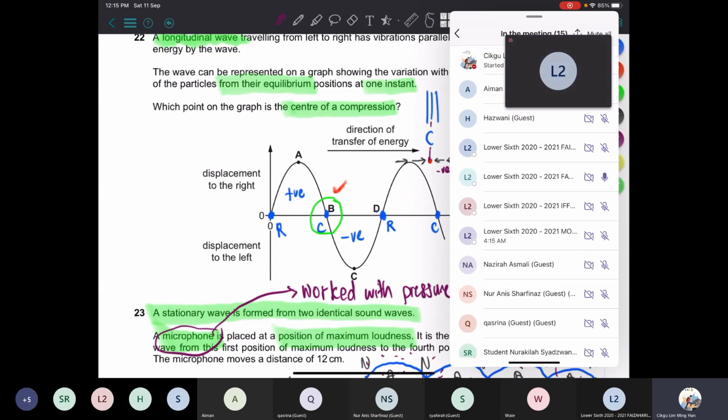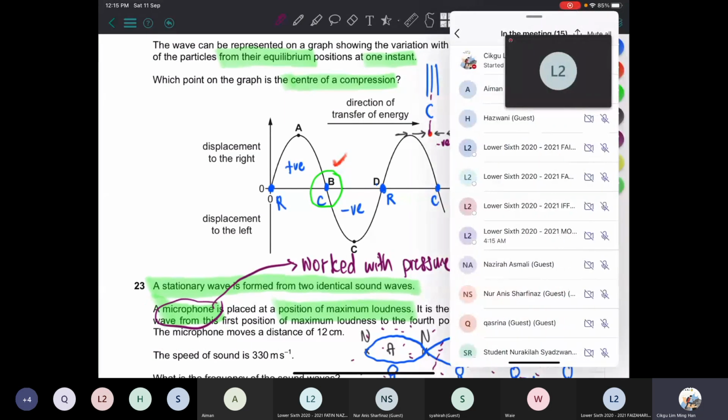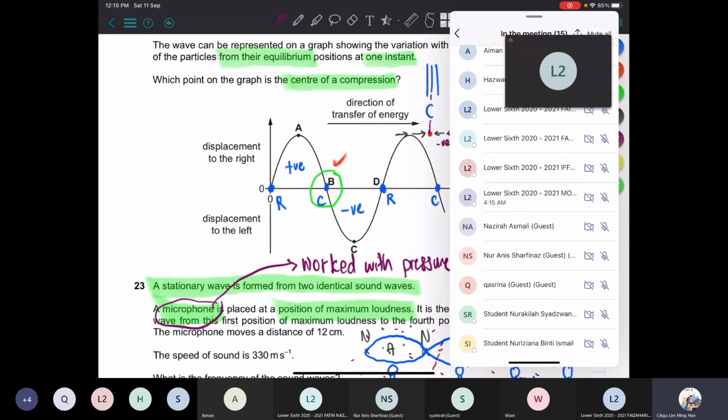Naziha. Oh, okay, the connection is not so good. Cannot hear. Ifa? No question for now, sir.